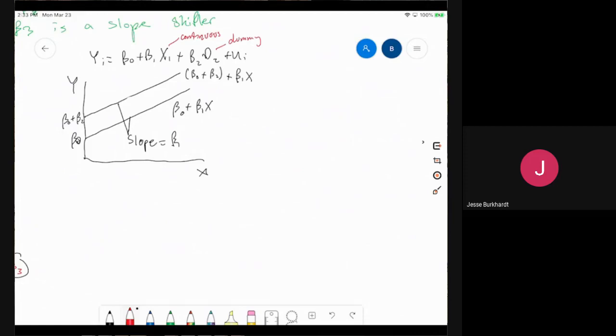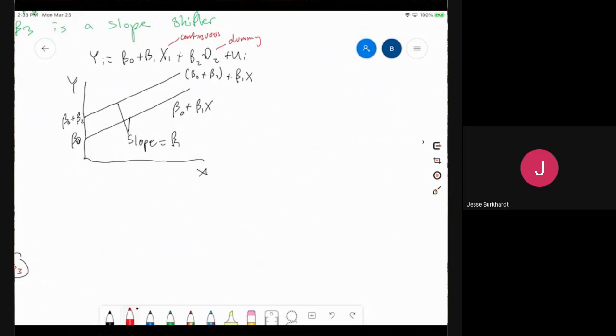The first, the lower one here, has an intercept of beta 0. When d2 is equal to 0, beta 2 drops out because beta 2 is multiplied by d2. So we're left with beta 0 as our intercept and beta 1 x1 as our slope, or as our regression line.